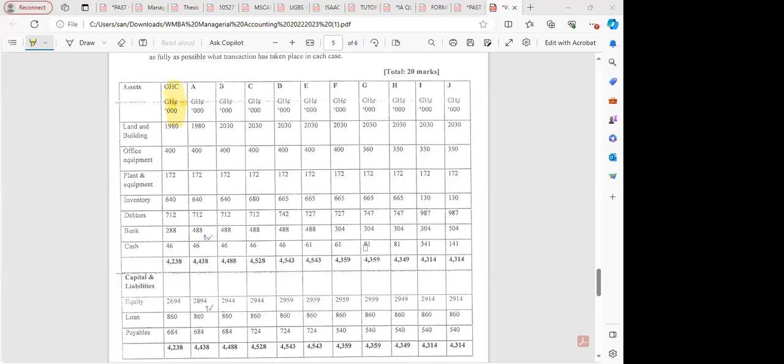Payable is the same as trade creditors, and then debtors is the same as receivables. Okay. All right. So let's try to put this transaction down now.